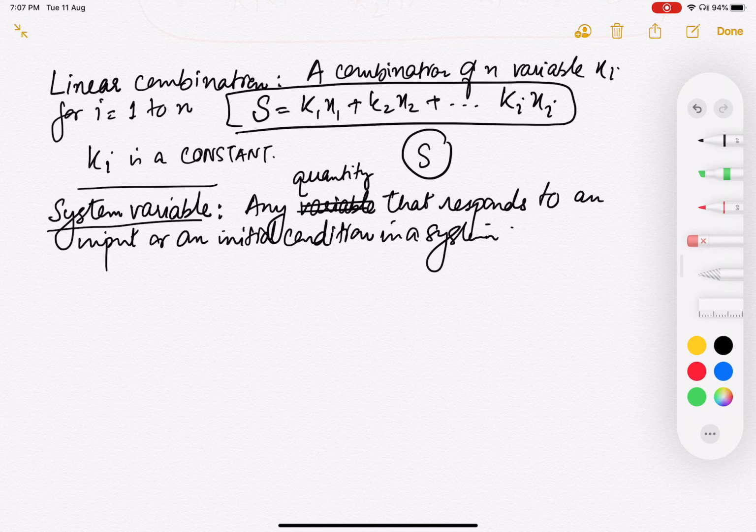You define something called linear independence from this.